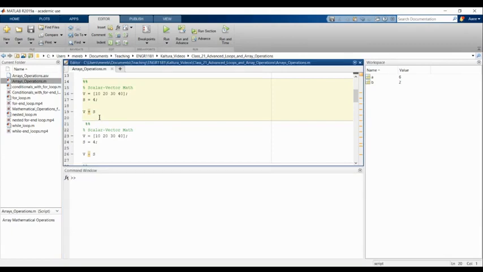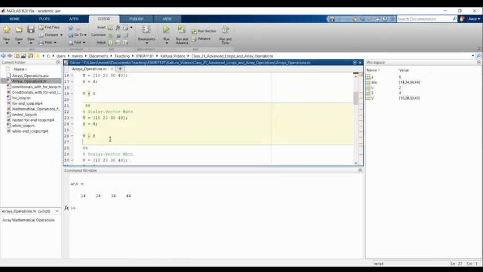So let's run it and see. Sorry, this is the addition, not multiplication. So 4 plus 10 is 14, 4 plus 20 is 24, 4 plus 30 is 34, 4 plus 40 is 44.